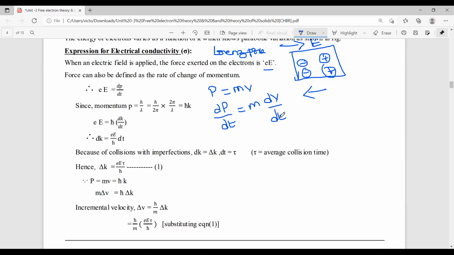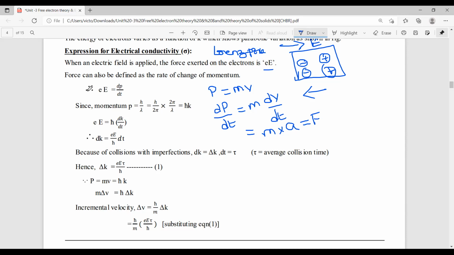Only velocity is variable. What is dv/dt? The rate of change of velocity, that is acceleration. So dp/dt equals mass into acceleration.